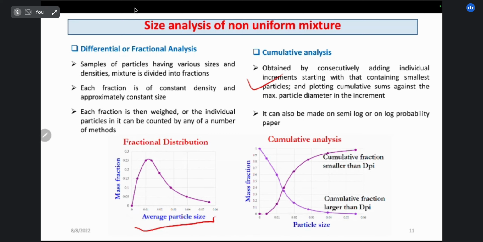But when we do the cumulative analysis, there are two types: cumulative fraction smaller than a particular particle size diameter, and cumulative fraction larger than that diameter. According to your assumption, you will get either this kind of curve or this kind of curve. We will do the practical example in the next few slides.